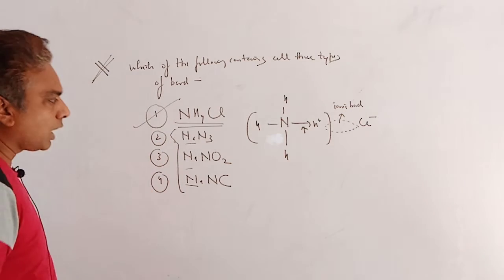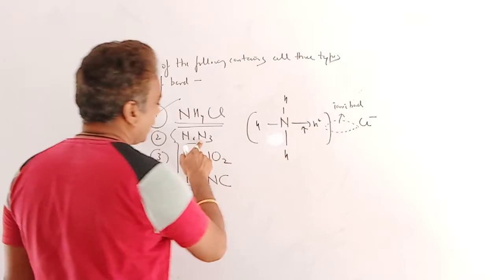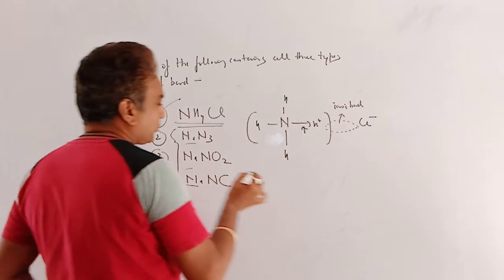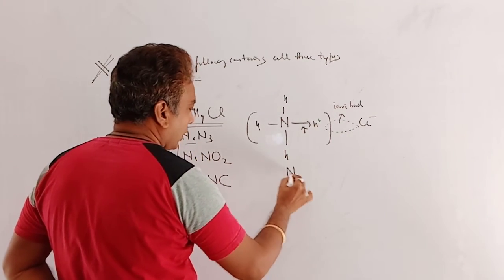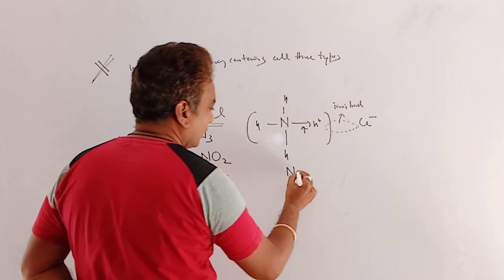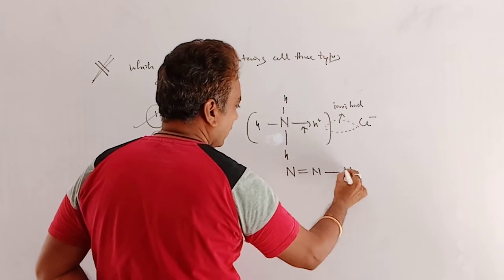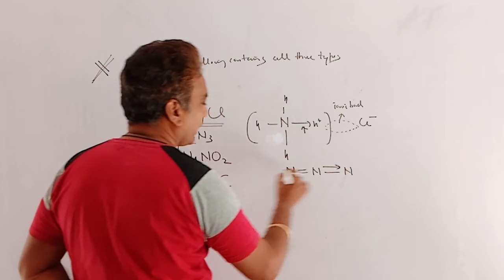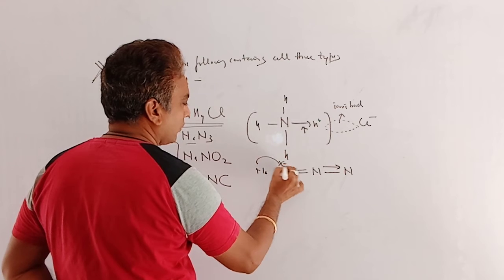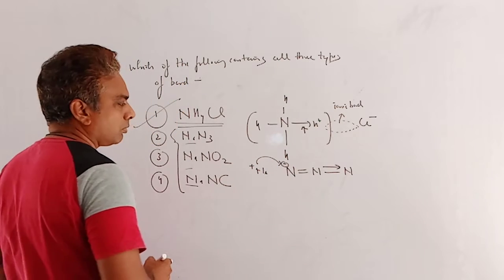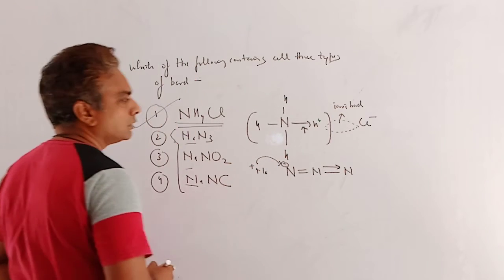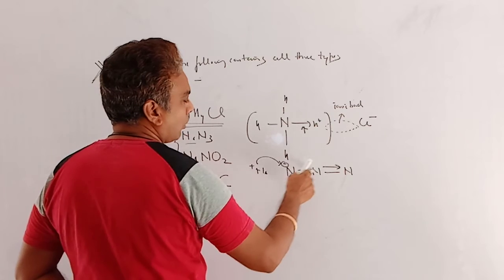Now all are ionic with the help of another bond like NaN3. Here is double bond N, single bond N, coordinate N, and Na transfers one electron to N. So ionic, covalent, coordinate.